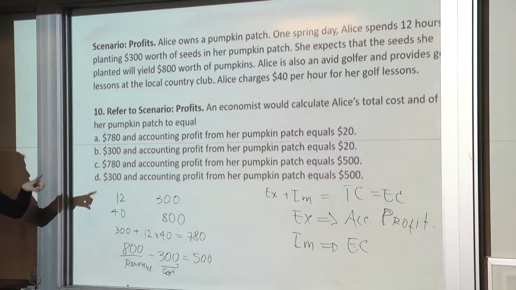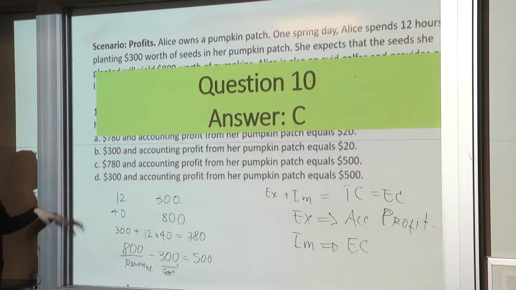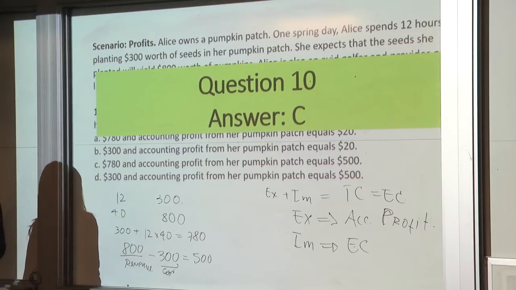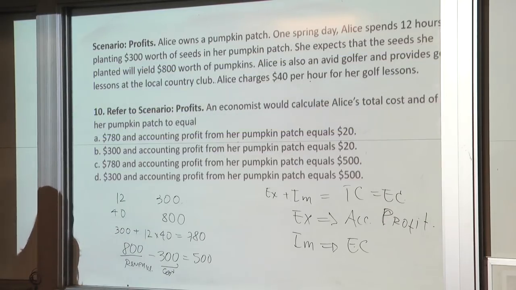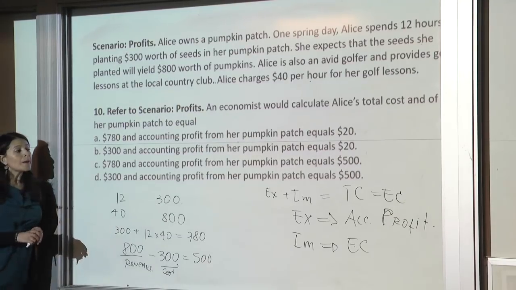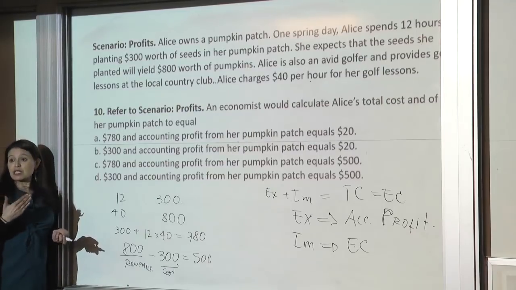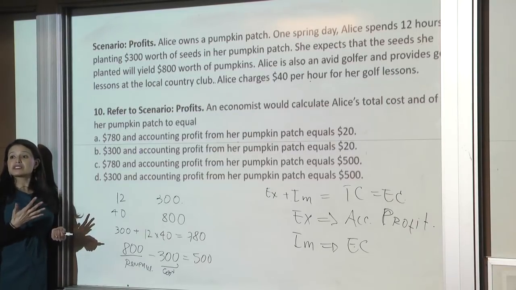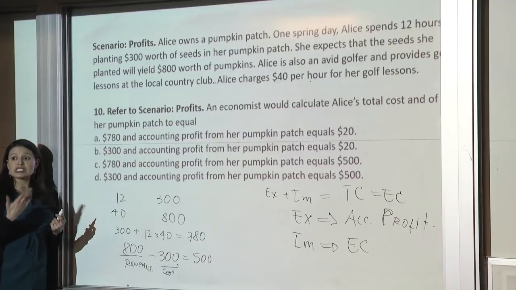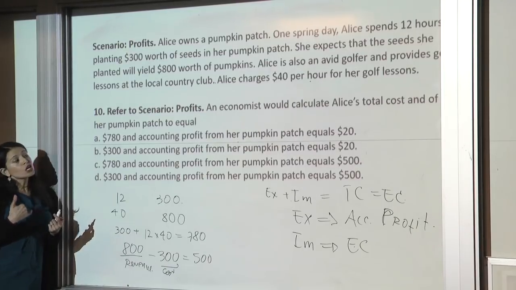Okay, any questions? Yes. How do you know to multiply 12 hours by $40 per hour of the golf? Okay, because when they are talking about total cost, they are talking about explicit cost and implicit cost, right?